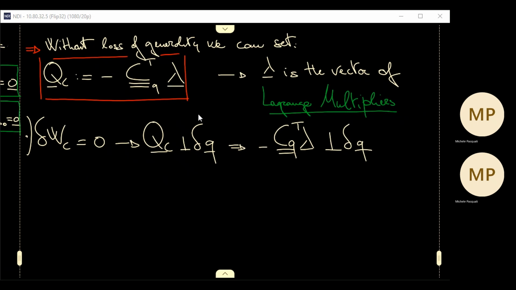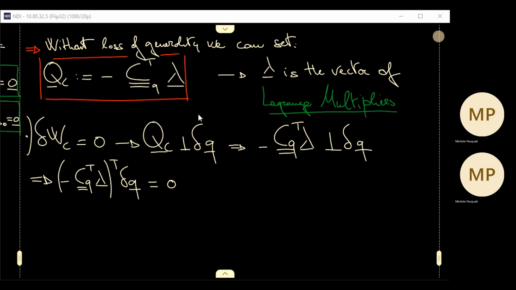So it means, eventually, that minus CQ transposed, applied over lambda, all of this being transposed and applied over delta Q, this is 0, okay? This is, I would say, pretty obvious.